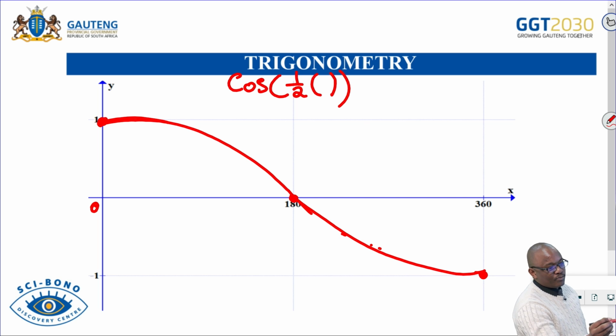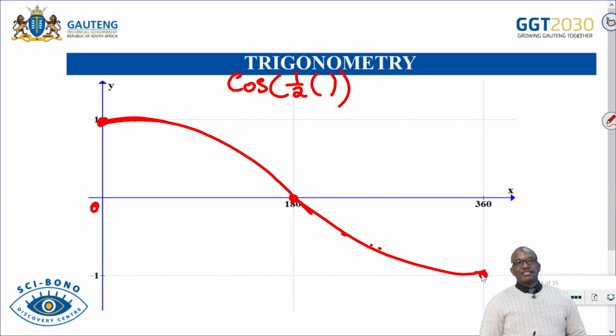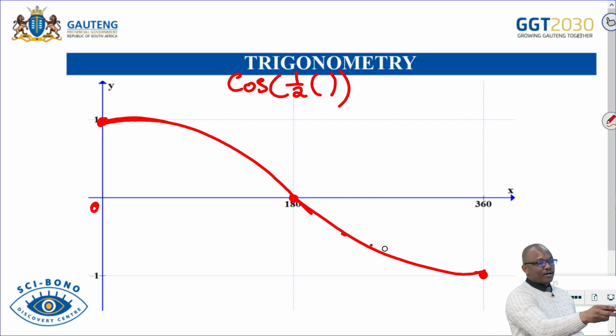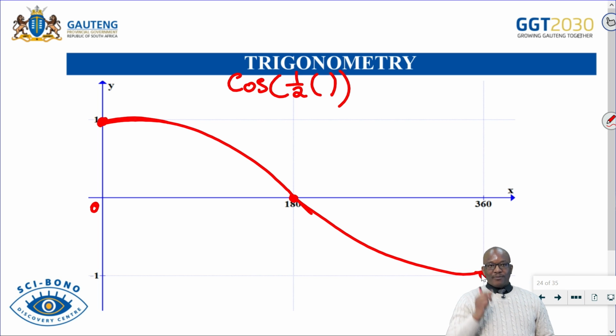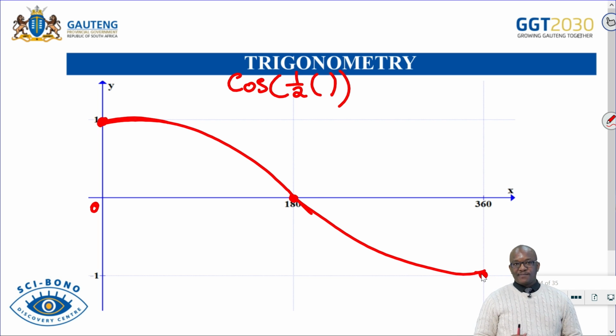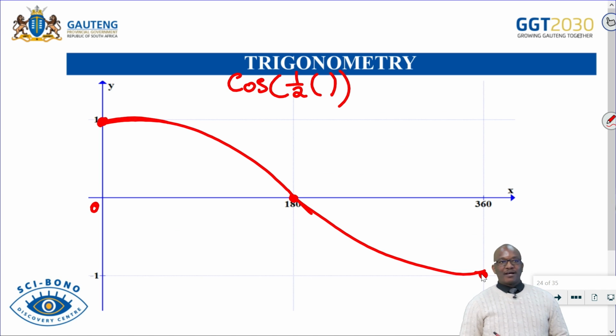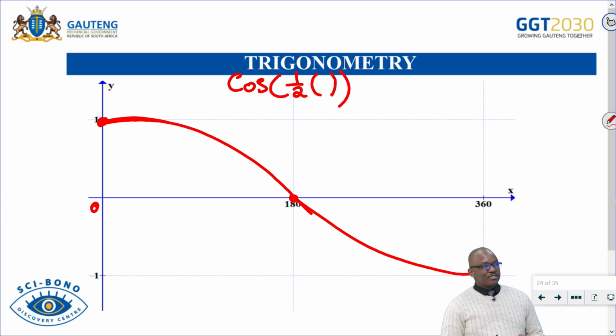Yes, it will be something like that. So that's how you are going to get our graph of cos. It looks funny. Remember, it didn't complete the full revolution. They said it must end at 360, and our graph is ending at 360.